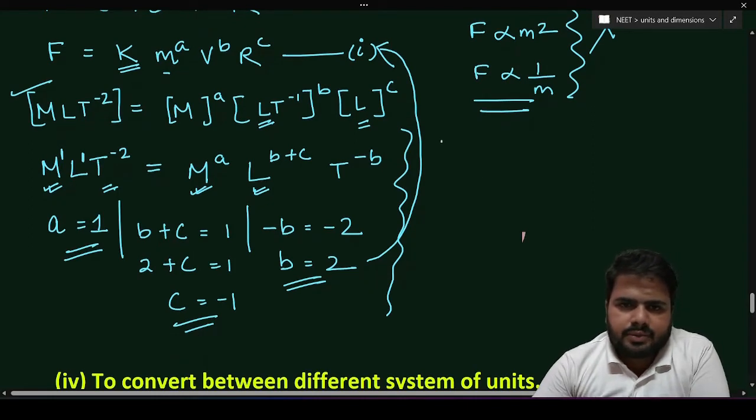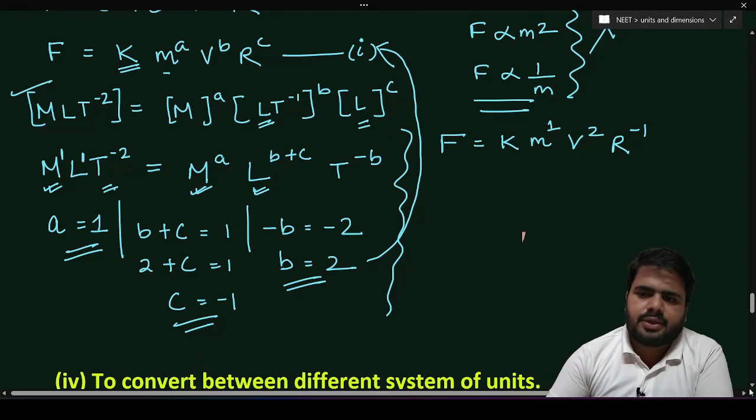So on putting the values, you can see that F equals K into M to the power A. A is 1, and V to the power B, B is the power of V, which will be 2, and R to the power C, that is minus 1.